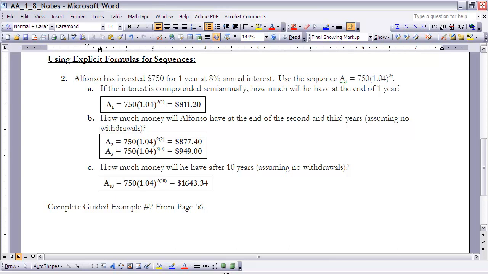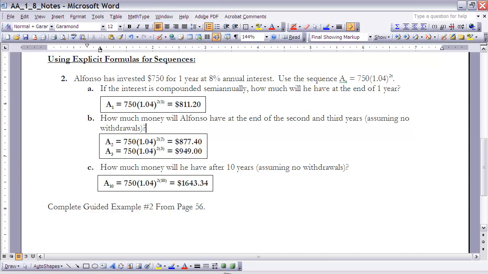Then finally part C says how much money will he have after 10 years, assuming no withdrawals. That would be a sub 10, or the 10th term within the sequence. So I'm going to plug 10 in for t, and I would get $1,643.34.